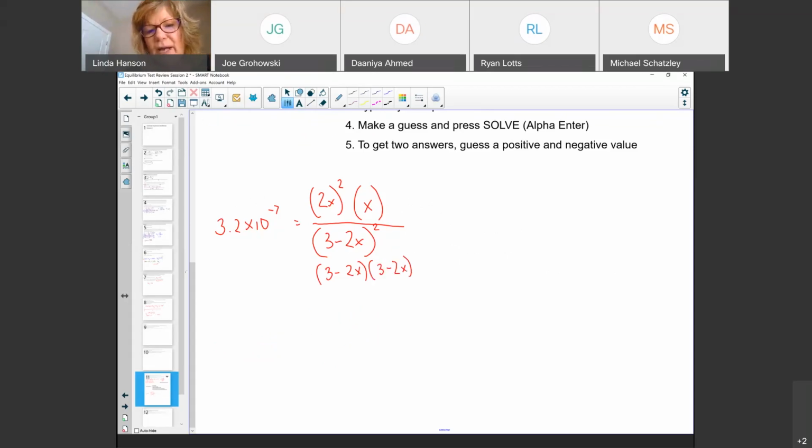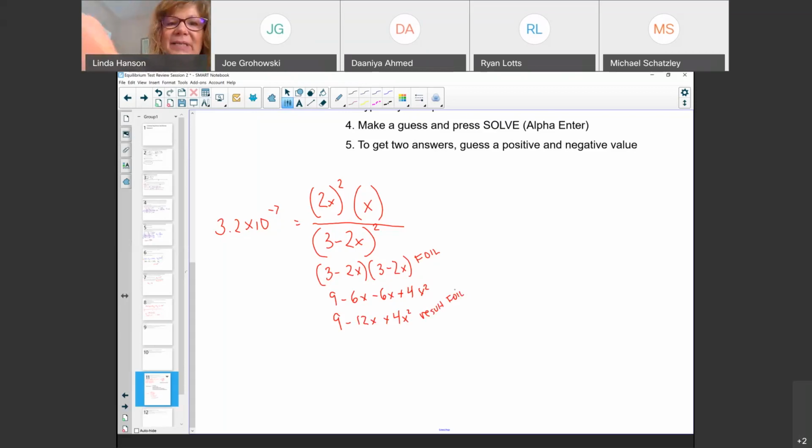See, 3 minus 2X squared, I know I have to FOIL that. So I'll do first, outer, inner, last: 3 minus 2X times 3 minus 2X. 3 times 3 is 9. 3 times 2 is minus 6, minus another 6, plus 4x squared. So I can simplify to 9 minus 12x plus 4x squared as the result of the FOILing.